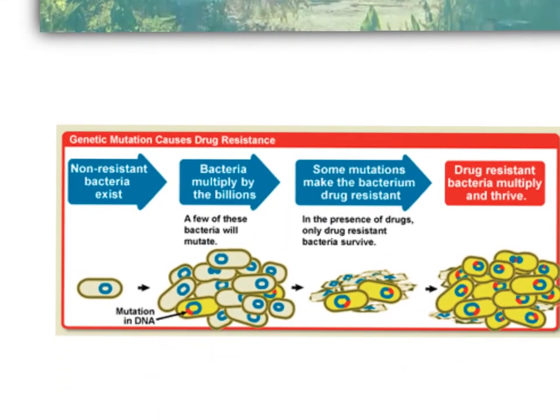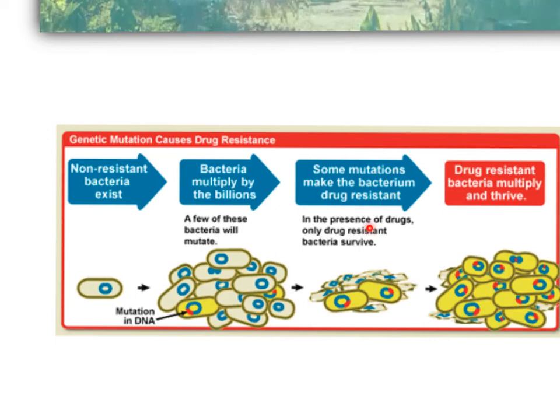So moving on to the next idea. This little diagram here explains exactly the same principle that would occur with bacteria. So you've got some bacteria. Most of them would be non-resistant bacteria, wouldn't be resistant to antibiotics, but they do grow and multiply, and some of those would have mutations in their DNA which would enable them to be resistant to an antibiotic.